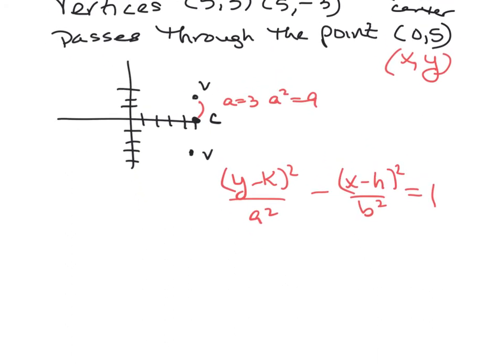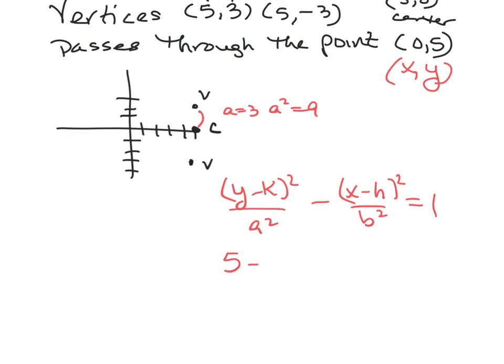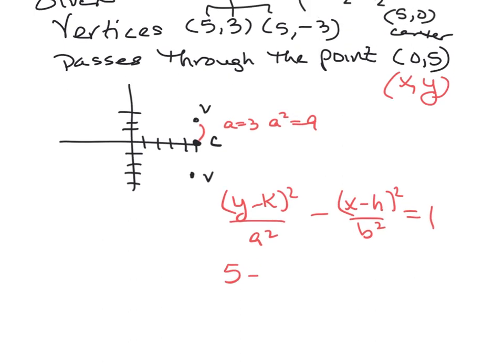Let me replace. I know my y is 5 from the point that they gave us. The k is from the center, and the k is 0. My a squared is 9. The x of the point they gave me is 0. The h is 5, and I don't know b squared.